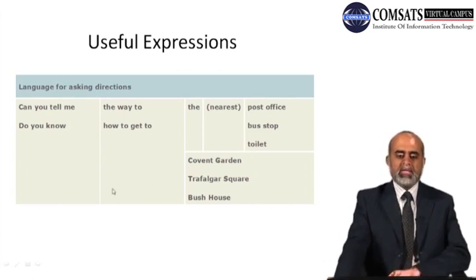Here you look at the substitution table. In a substitution table you can substitute a part of a sentence with any one of these words or phrases. For example, you can say, can you tell me the way to the post office? Or can you tell me the way to the nearest post office?